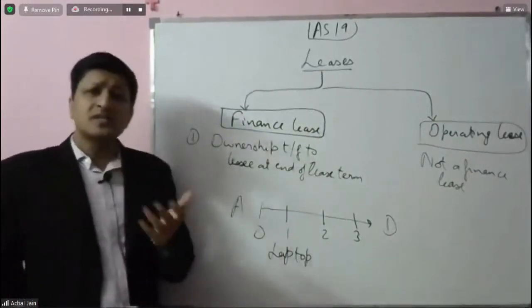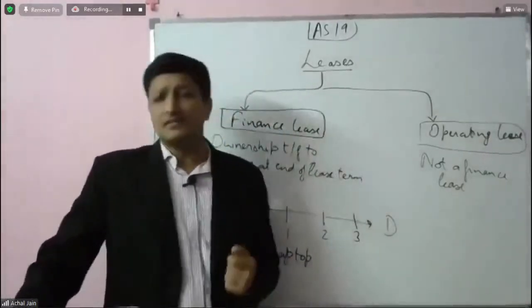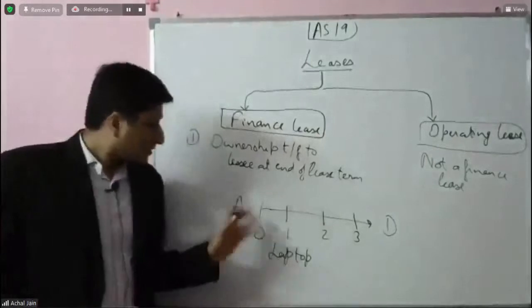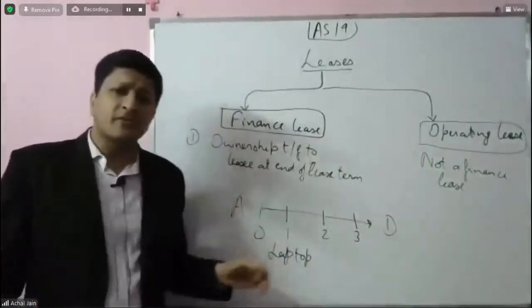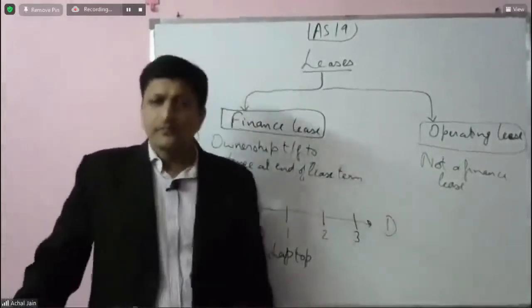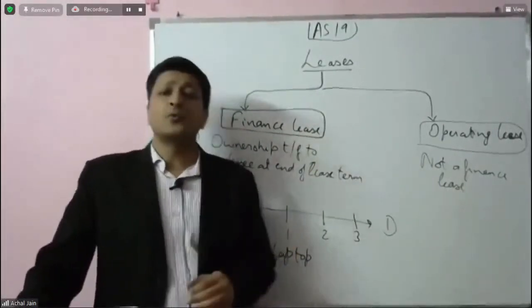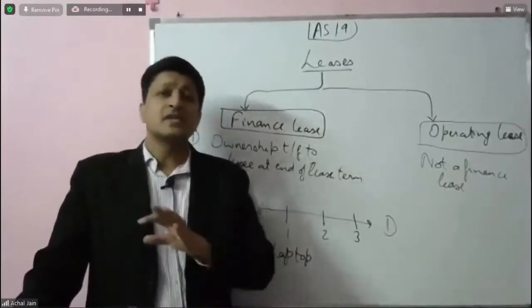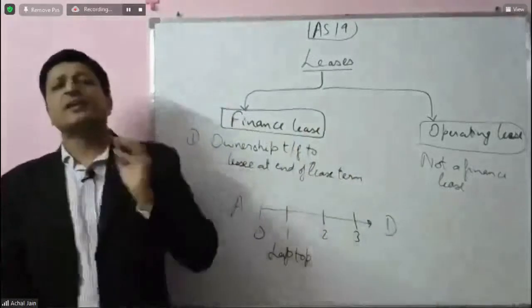So can you now see any difference between a sale and a finance lease? Effectively none. Because what is happening? D is enjoying all the benefits of laptop over 3 years. After 3 years, when he should have returned this laptop to A, lease term says no. Now after 3 years he will not return. Its ownership will come to him.